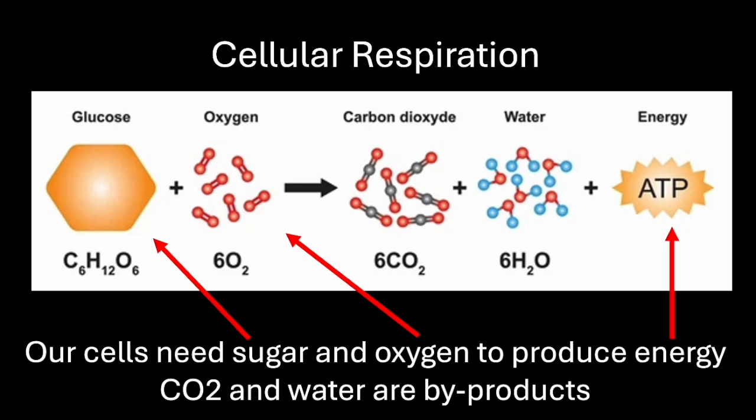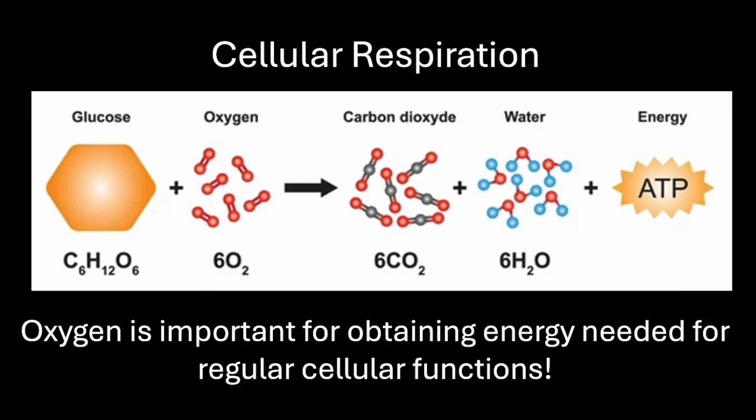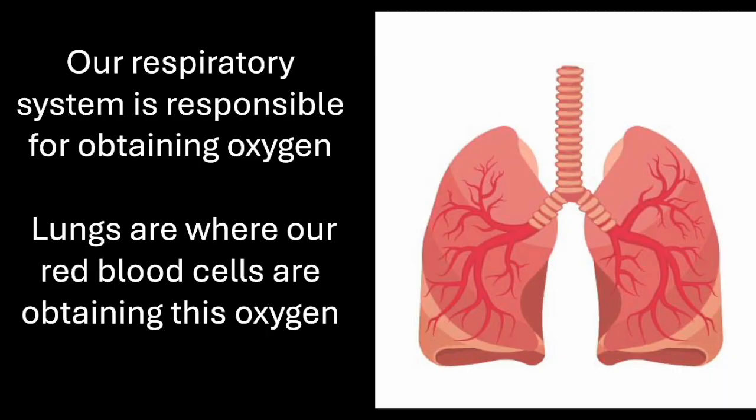And these are byproducts of cellular respiration. So oxygen is important for obtaining energy needed for just regular cell functions. And that's the case with almost all animals. Oxygen is really just key.